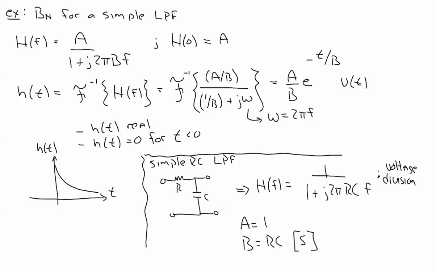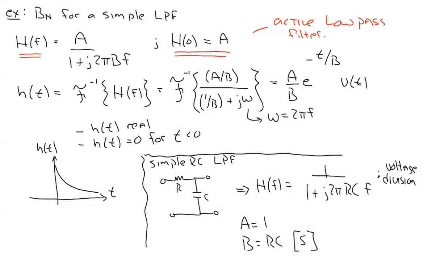So for the low-pass filter we're looking at in this example, H sub 0 is capital A. Maybe this is an active low-pass filter, since it's got some amplitude A that's not equal to 1.